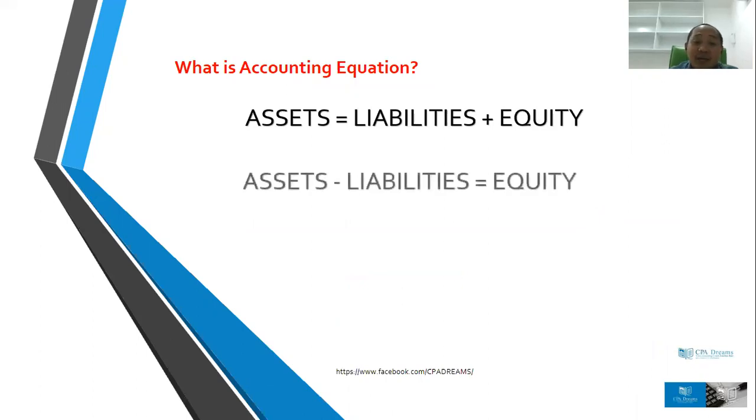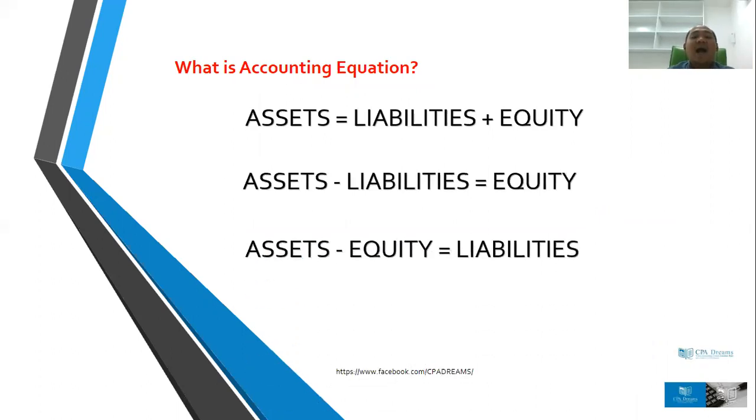Okay, so you can have it as assets minus liabilities equals equity, or assets minus equity equals liabilities. There is also an expanded version that you will study in higher accounting.